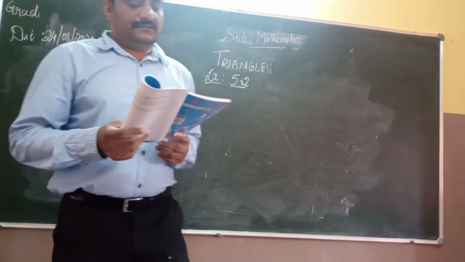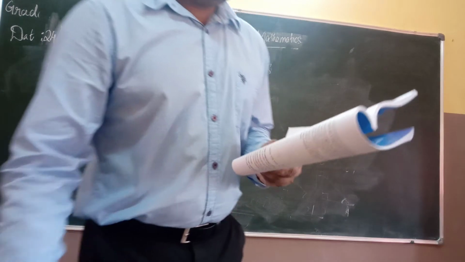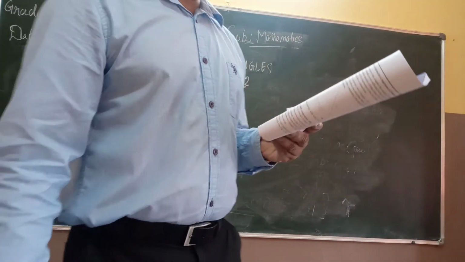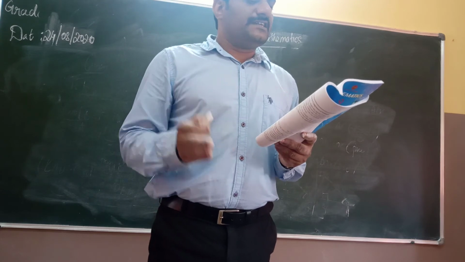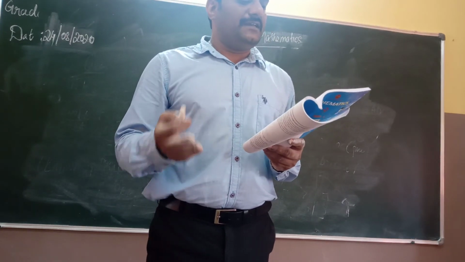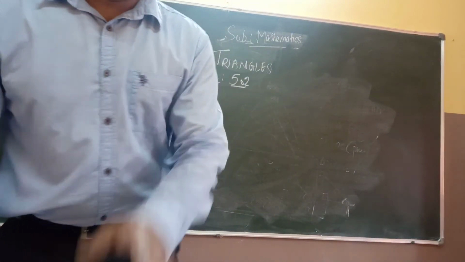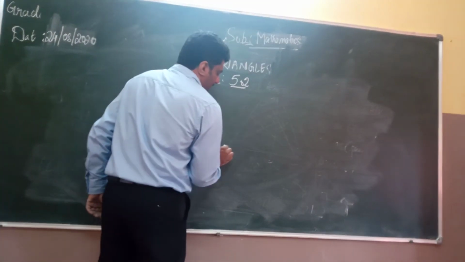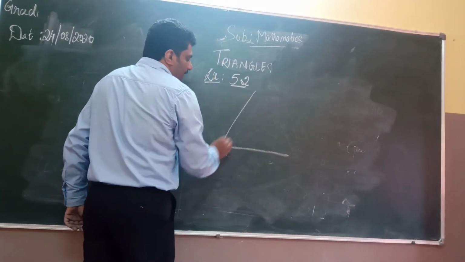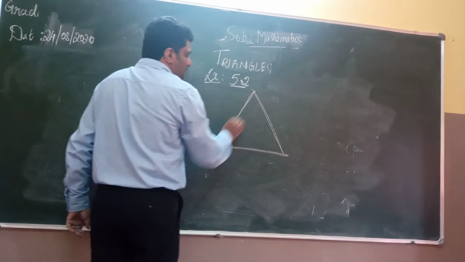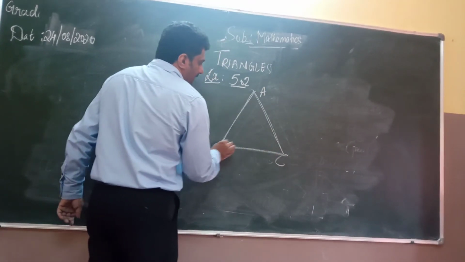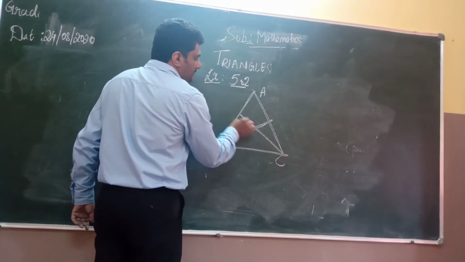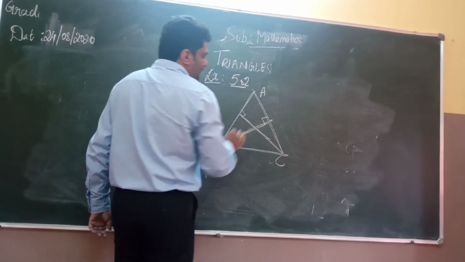Now the next one, it's almost similar, I guess. ABC is a triangle in which altitudes BE and CF, two sides AC and AB are equal. Okay, this is a little tricky. Understanding the question makes a lot of difference. A, B, C. Again, they are telling this is one altitude, this is one altitude.